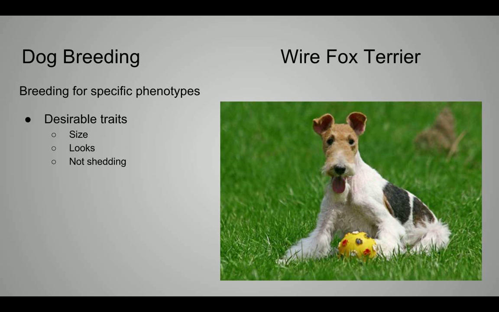Dog breeding is a similar example. A white fox terrier is, as I've learned now, the number one show dog breed over the last while. And so you're obviously breeding for specific phenotypes. Obviously this dog has particular traits that make it a great show dog, whether it's the size, the shape, the color.